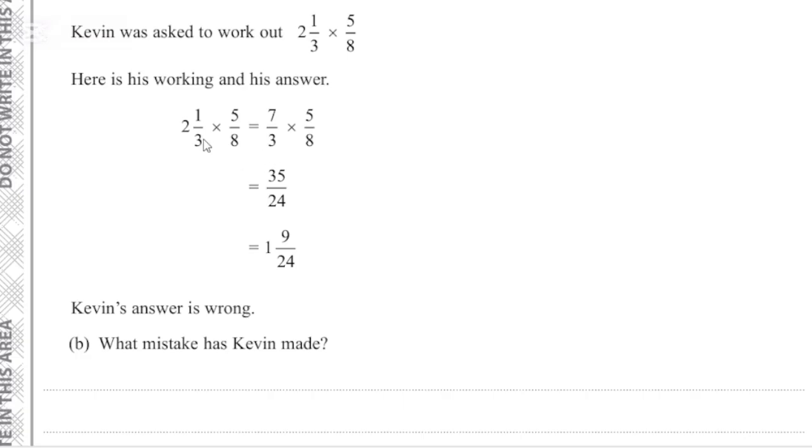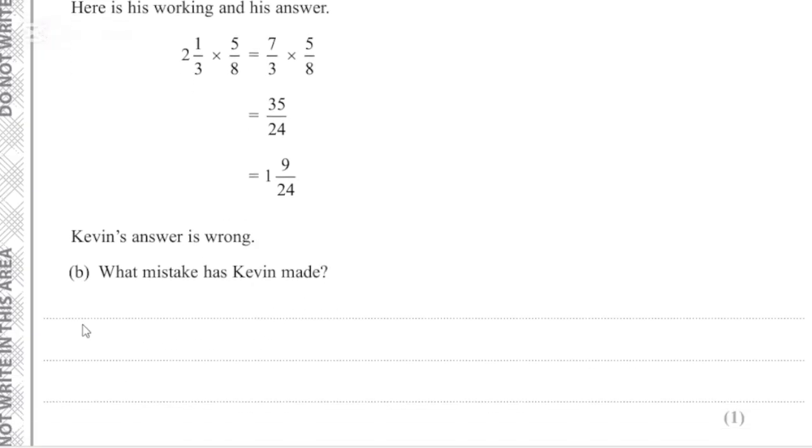What Kevin did here, he converted the mixed number into an improper fraction and then maintained the second fraction. At this stage, he multiplied 7 times 5, which is 35, and 3 times 8, 24. Then how many 24s are in 35? It's 1. And then the remainder is not 9, the remainder is 11. So this is the mistake that Kevin made.